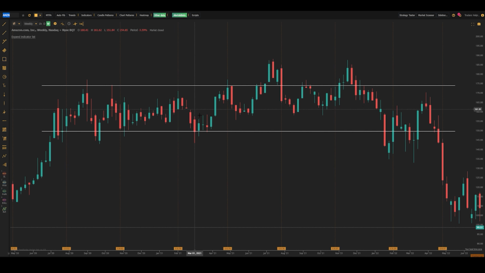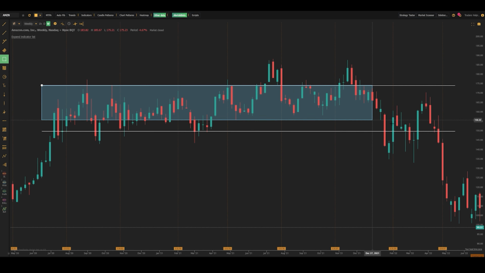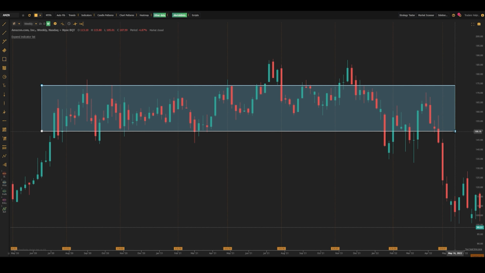In this situation, our support would be $150, an area where the stock bounced plenty of times. Again, one, two, three, four, five, six, seven. Between this major resistance and this major support is our trading range. So we have a range of 175 to 150, which is a $25 spread.